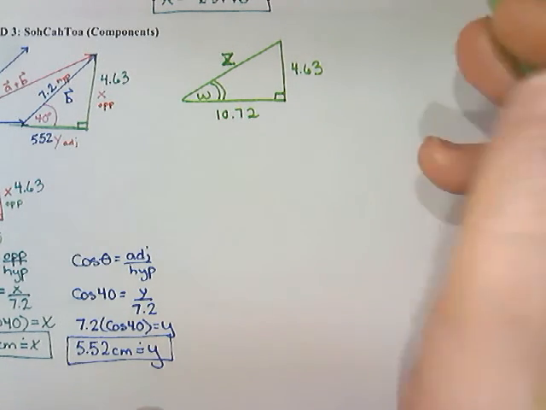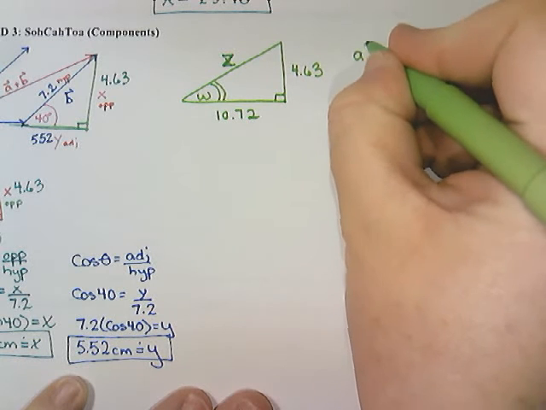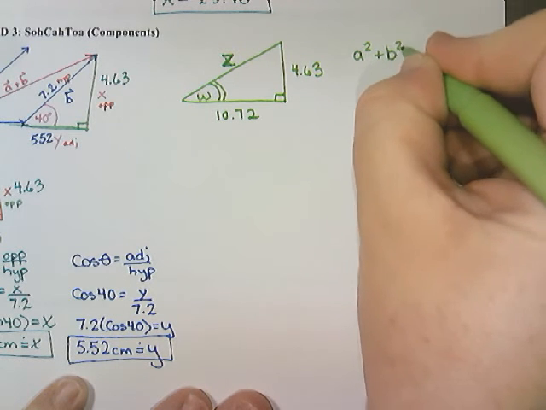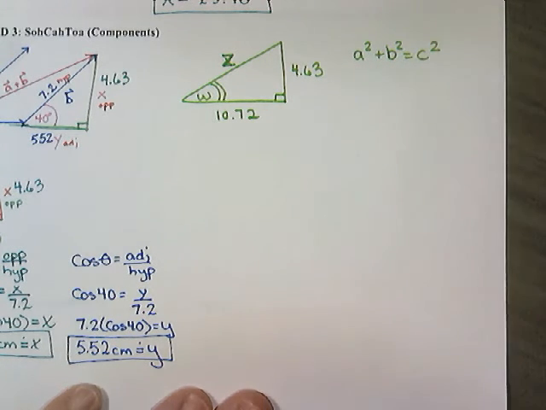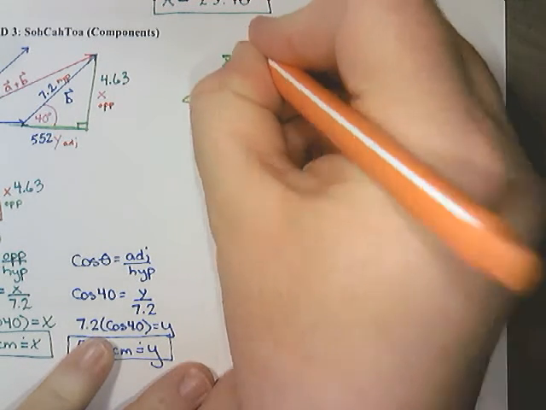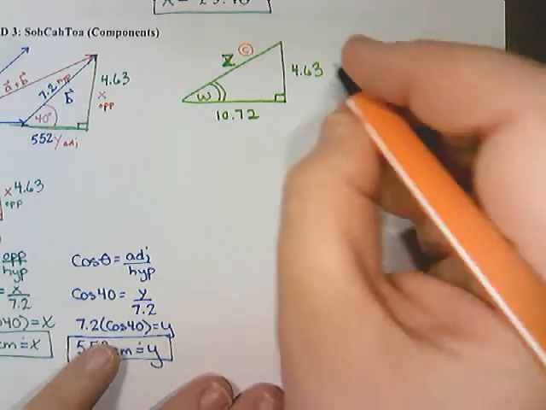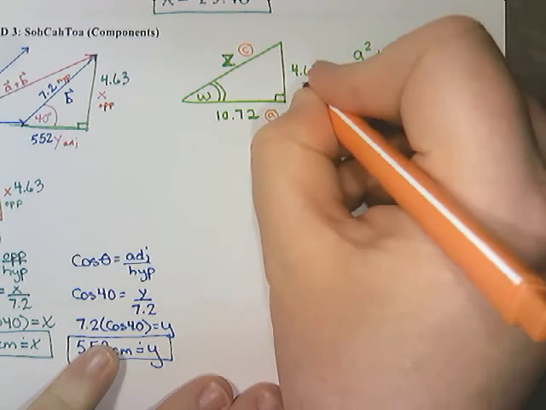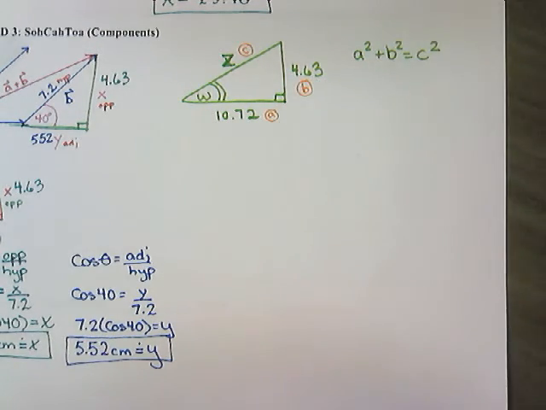So I could do a squared plus b squared equals c squared. Now the hypotenuse is always the c, so it is across from the right angle, which would be here. And then a and b, it really doesn't matter which one is which. It all works out in the end.